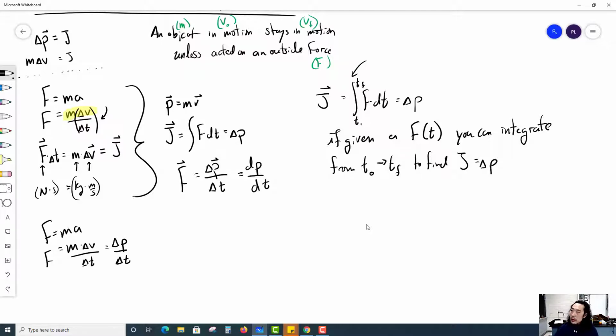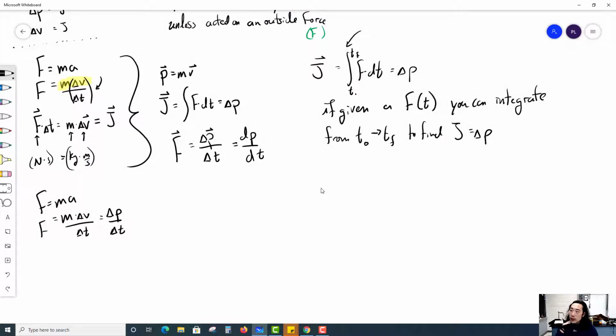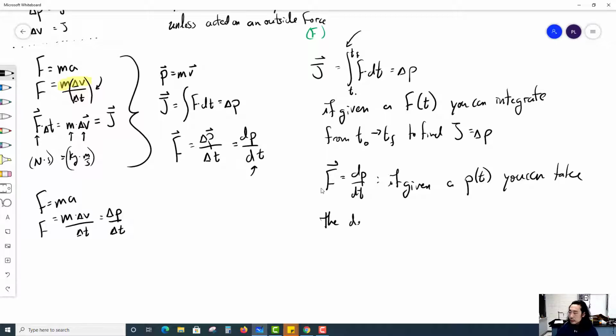So if you're given a force function with respect to time, you can integrate it to find the impulse. Now, with that being said, let's look at this third equation, dp over dt. This one states, if given a momentum function with respect to time, you can take the derivative to find the force.